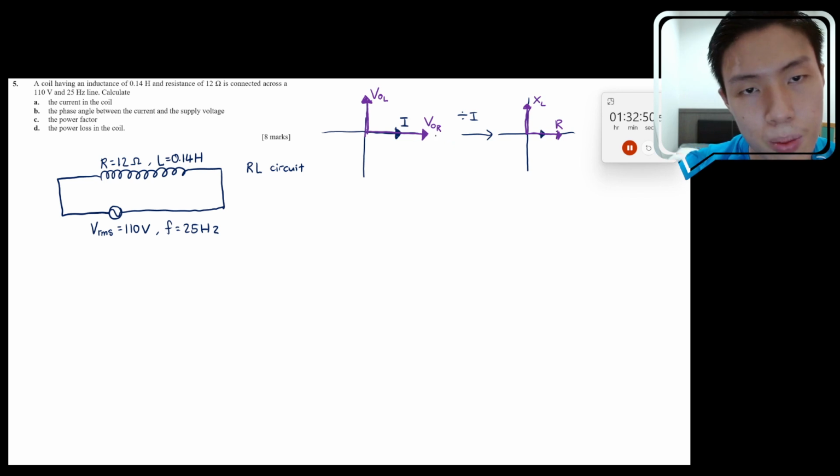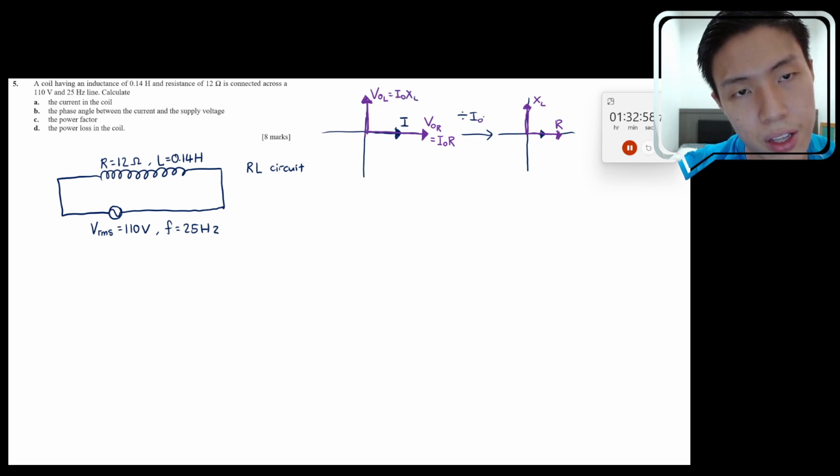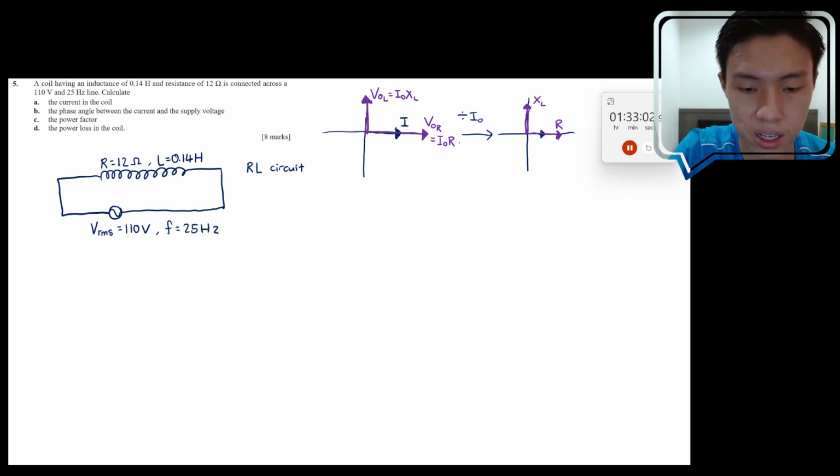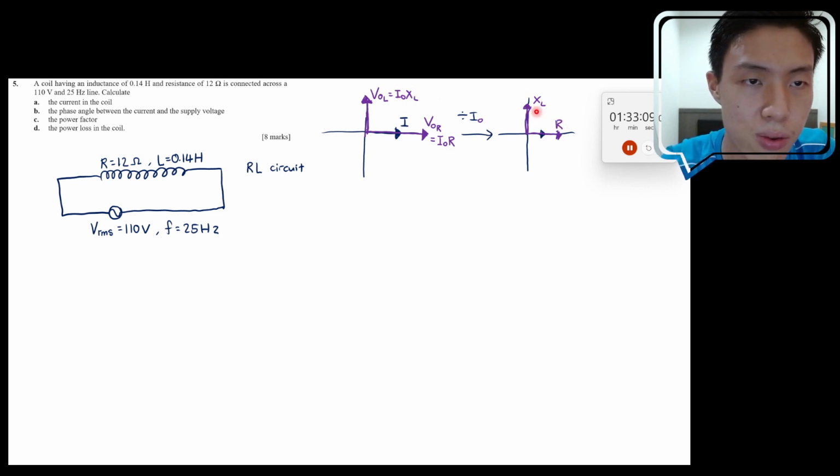Why? Because V0R is equal to I0R, V0L is equal to I0XL. So if I divide everything by I0, you get R over here, and you get XL over here.